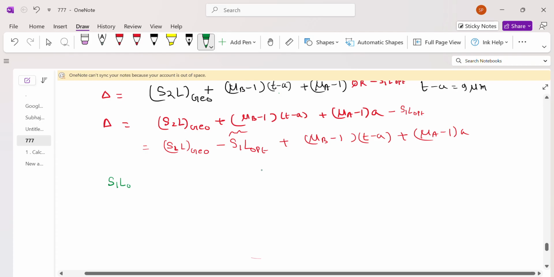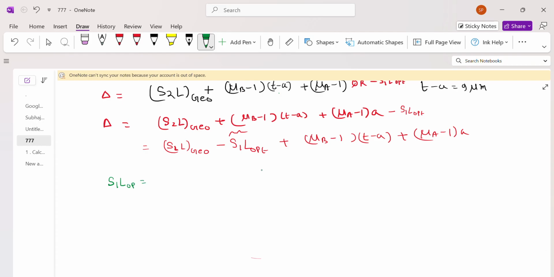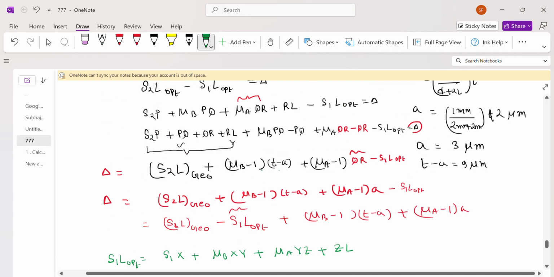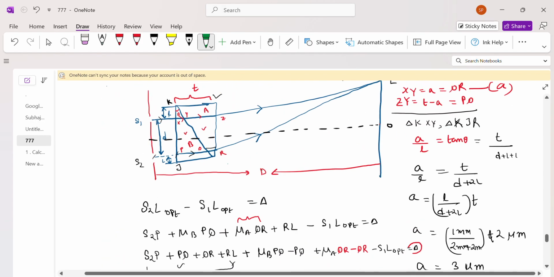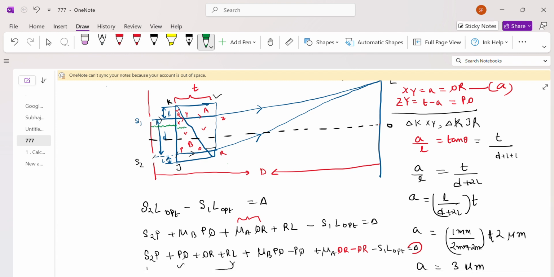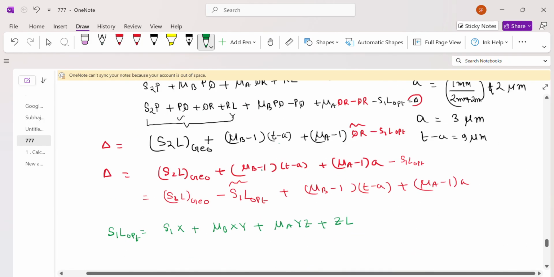S1L optical is equal to S1x plus mu b into xy plus mu a into yz plus zl. This follows exactly from this equation. First I take this path, then inside this material this path xy, then yz, then zl. So that's it.